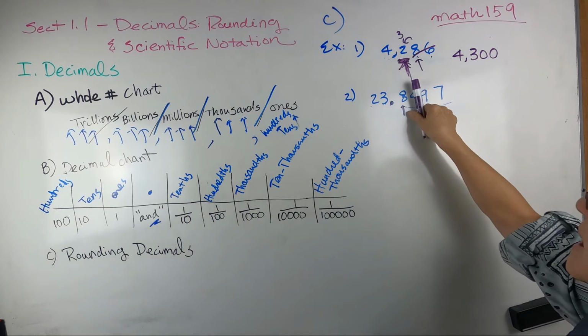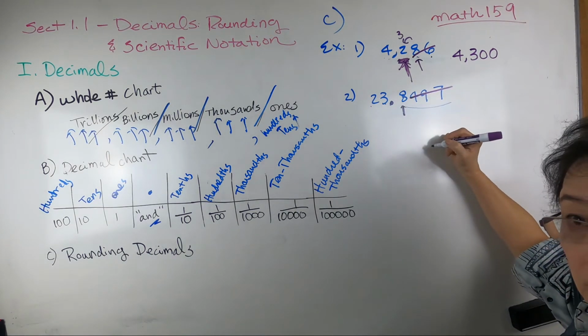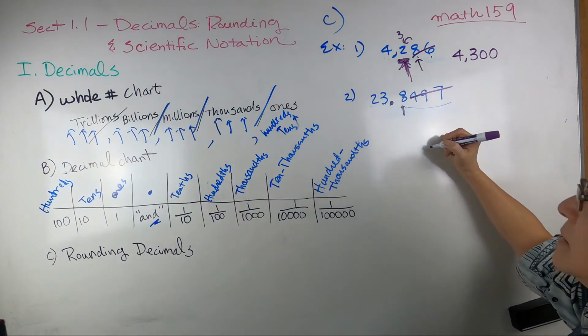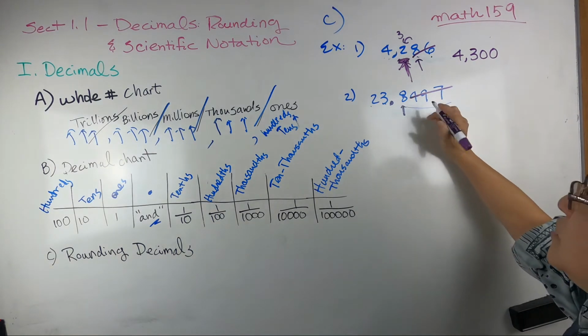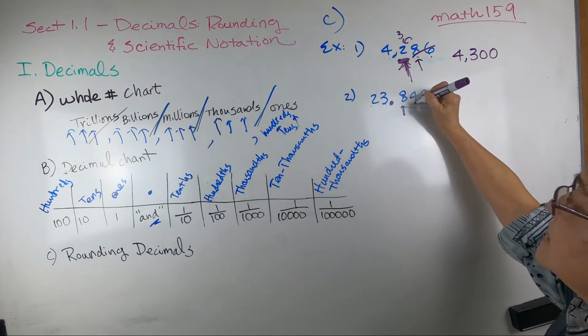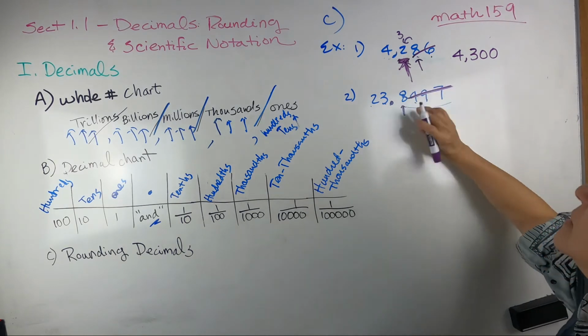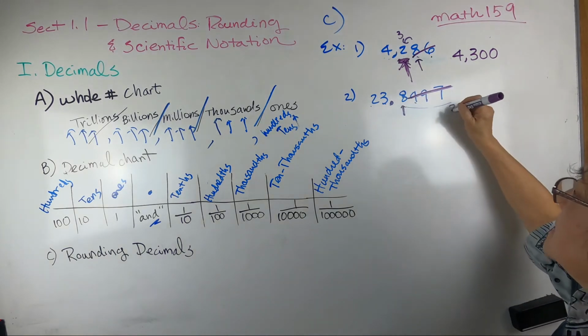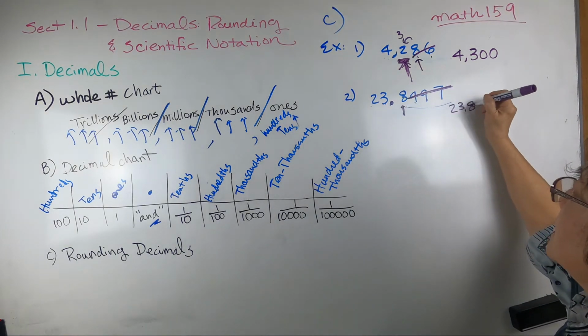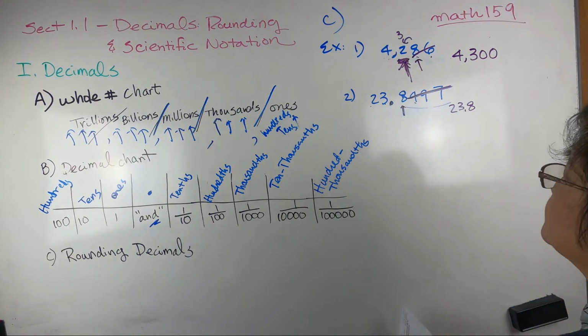Then the remaining, we don't want to use anymore. Okay? That's rounding, but you have to decide whether to round up or round down. If the next digit is less than 5, you round down, so get rid of it. So the answer will be what? 23.8, right?